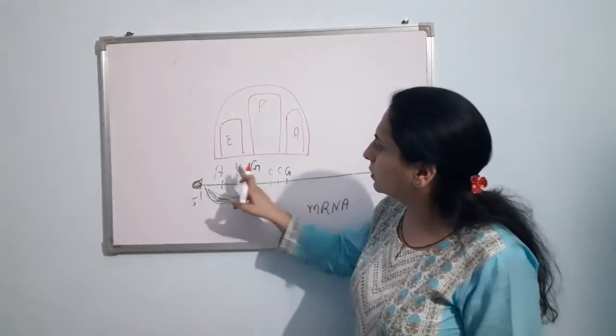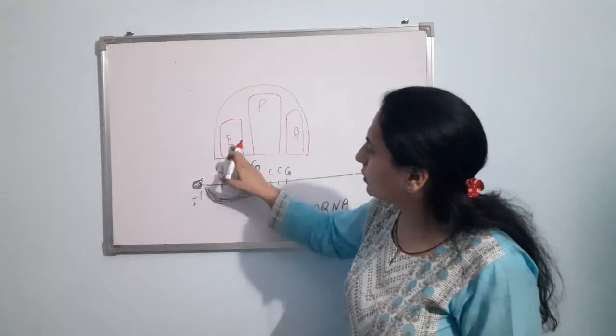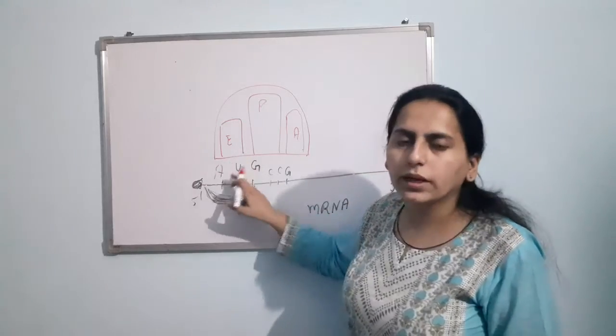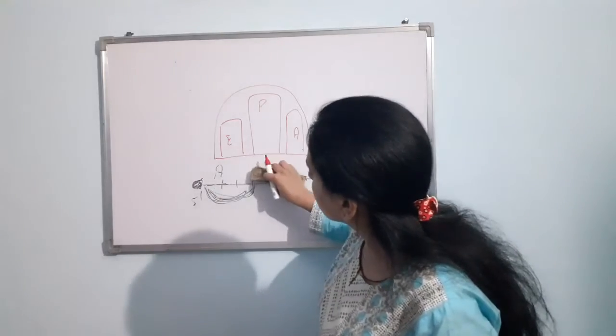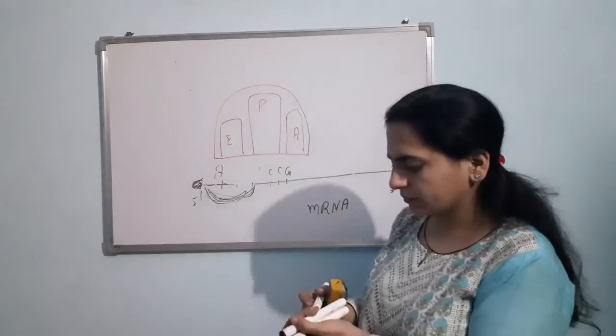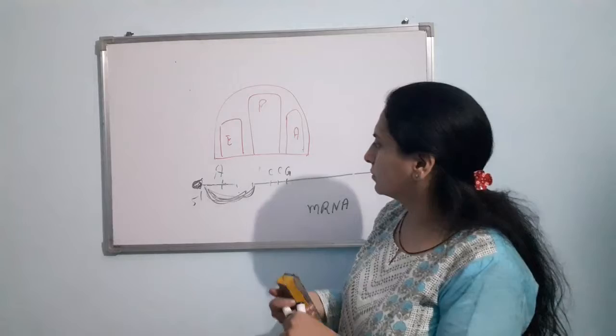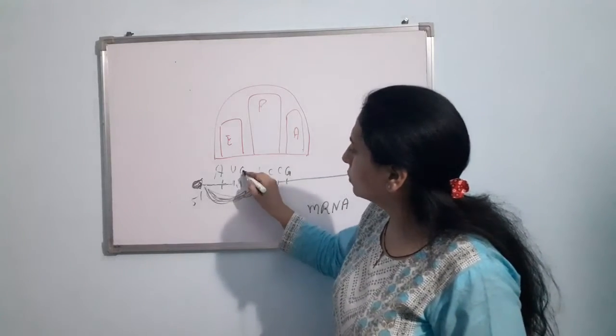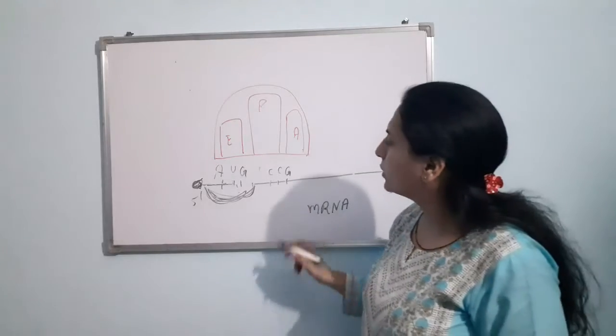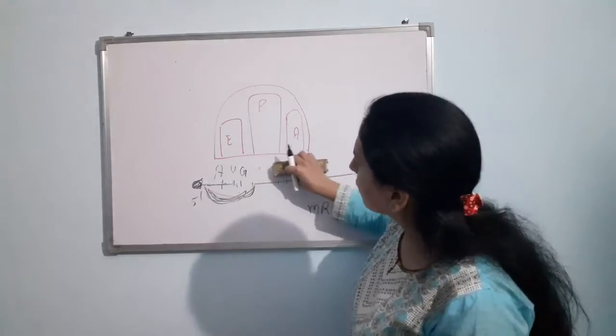Now just think. The E site will come on this codon AUG. You can see. Let me make it a little bit more concise to make it clear to you. AUG. Clear? Next we have CCG. It will come on the P site.